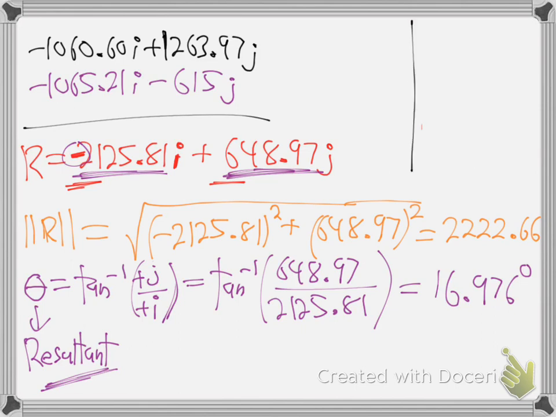Our resultant angle is actually headed up and left, isn't it? How do I know? This is left because it's negative, and this is up because it's positive. It's left on i, negative on i, positive on j.